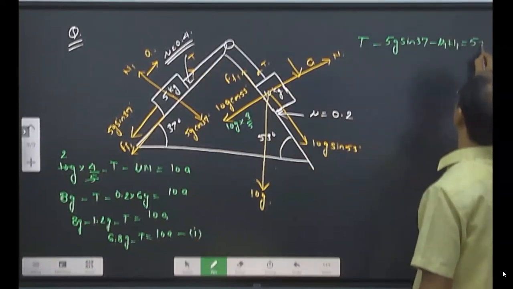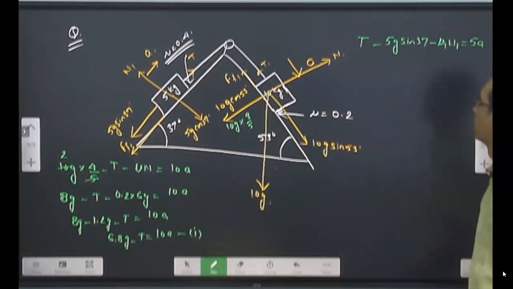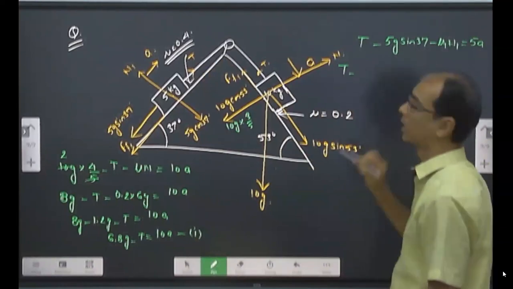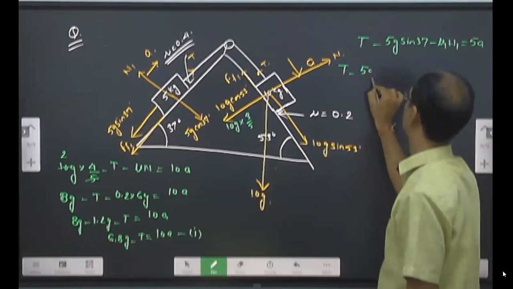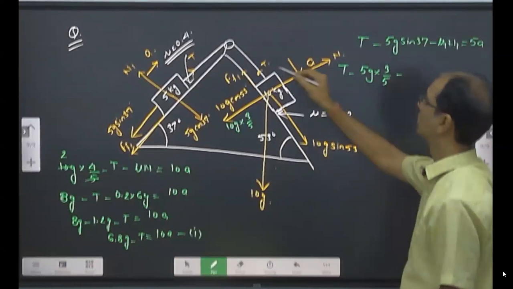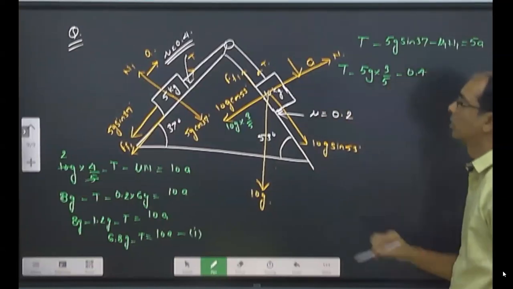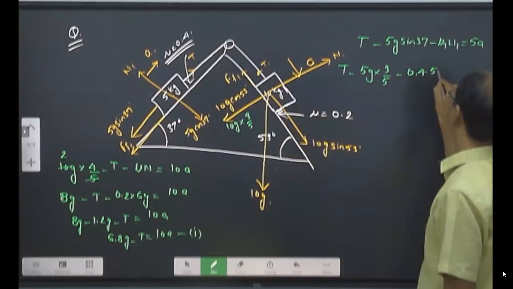So T as it is, minus 5g sin 37. Sin 37 is 3 by 5. So 5g into 3 by 5, minus mu1, 0.4, N1 value 5g cos 37. Cos 37 value is 4 by 5, so 5g into 4 by 5, equal to 5a.